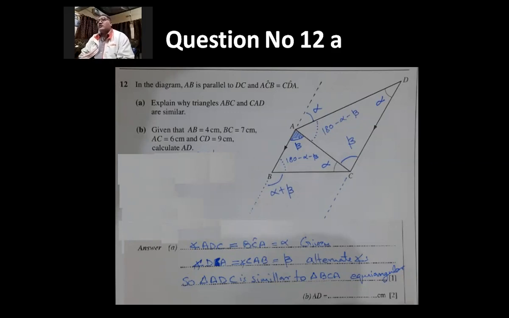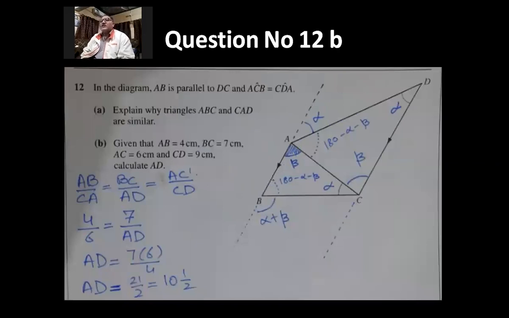In the question number 12B part, he says, given that AB is 4 centimeter, BC is 7 centimeter, AC is 6 centimeter and CD is 9 centimeter. The question is: calculate the value of AD.